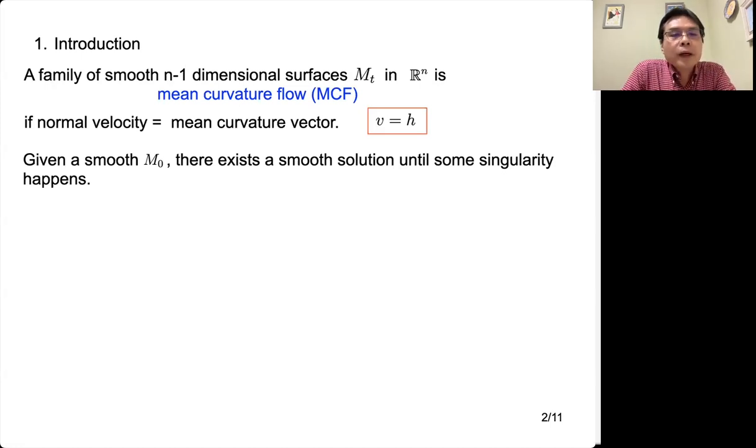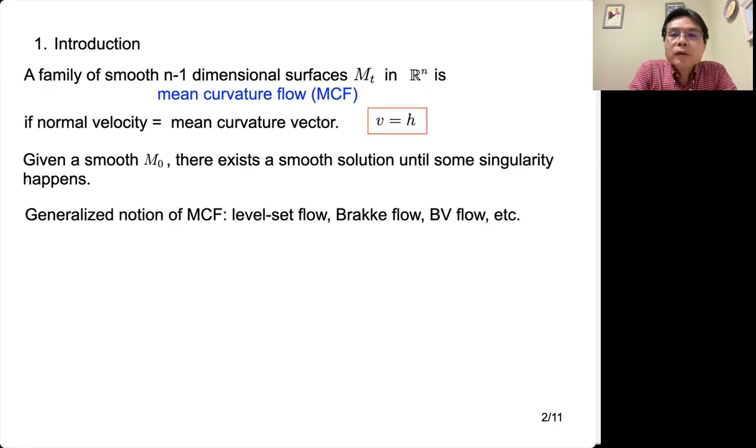Going back to what I was saying, you may have some singularity as the surface evolves, so a lot of effort has been put into the notion of weak solutions or generalized solutions of mean curvature flow. There are many kinds.